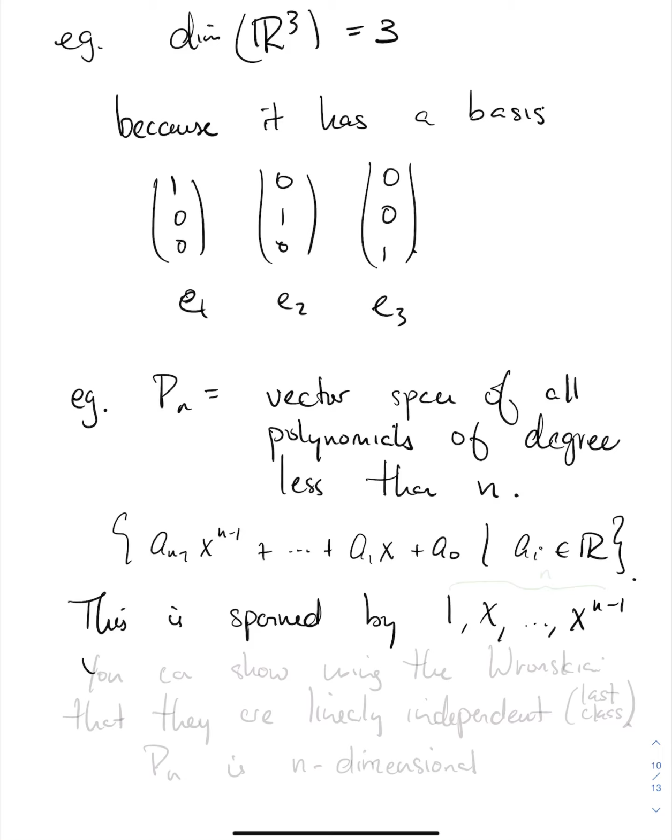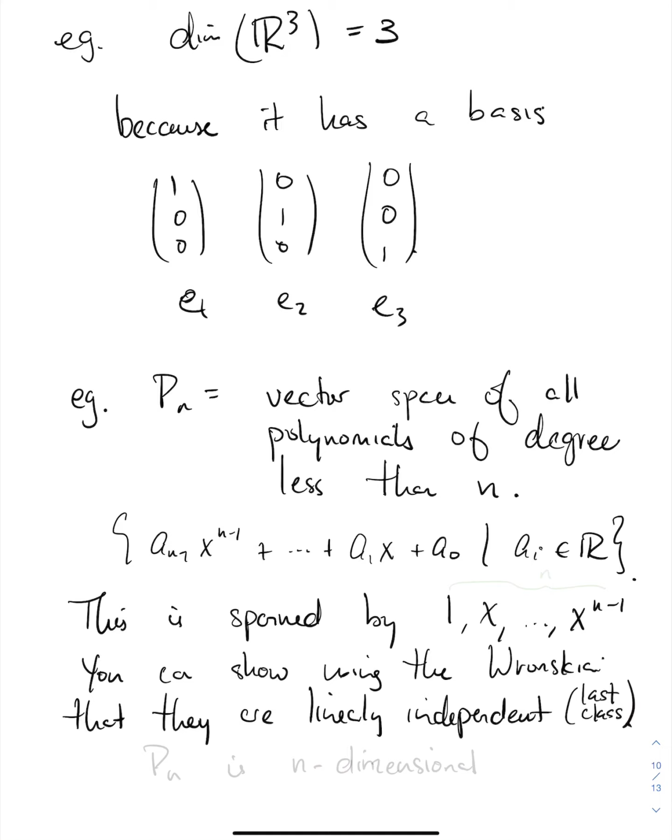You can show, using the Wronskian, that they are linearly independent. In fact, we had you do this last class.